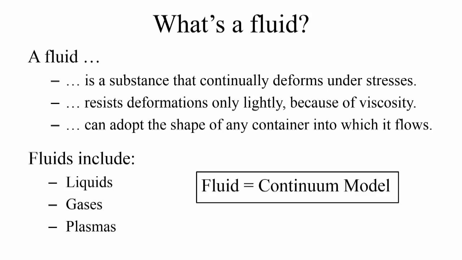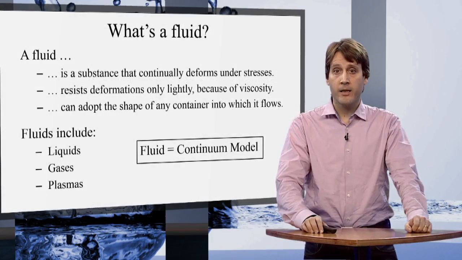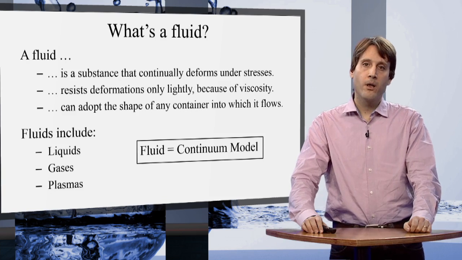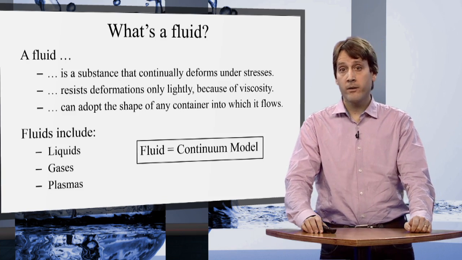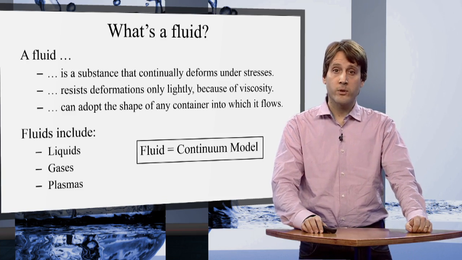Fluids, on the other hand, resist deformations only very lightly under the effect of viscosity. Fluids can adopt the shape of any container in which they are placed. Fluids include liquids, gases, and plasmas. The most widely known fluids in everyday life are air, a gas, and water, a liquid.